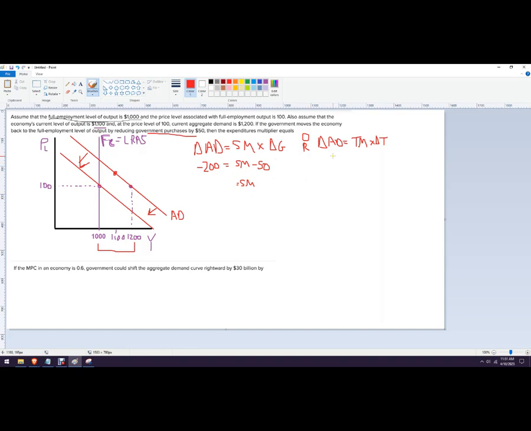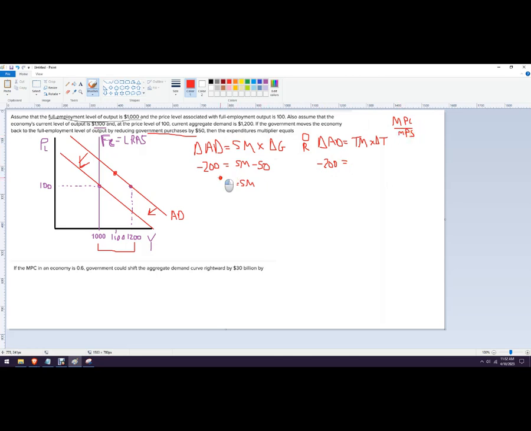Or if we wanted to use the tax multiplier, we come over here. If you wanted to decrease aggregate demand by 200, I need to know what the marginal propensity to consume is, and the marginal propensity to save. And I actually do know that.